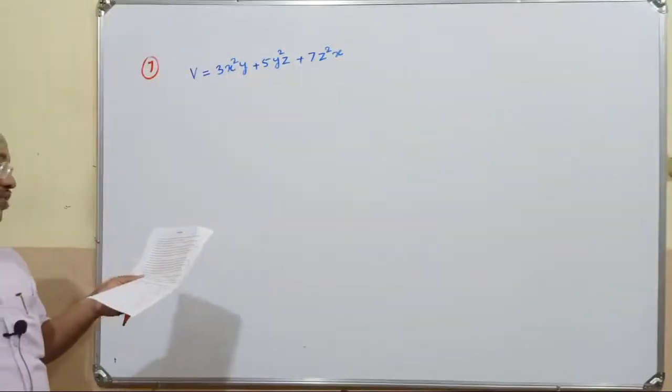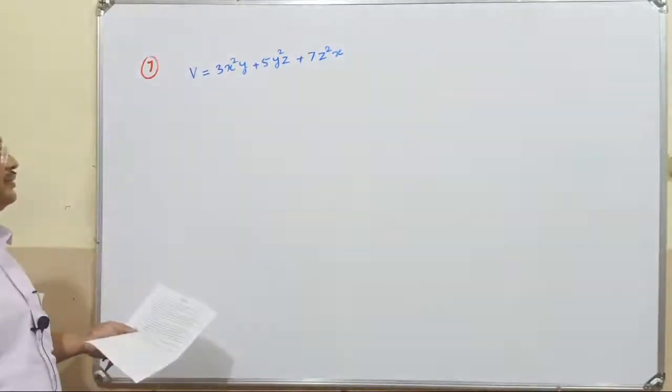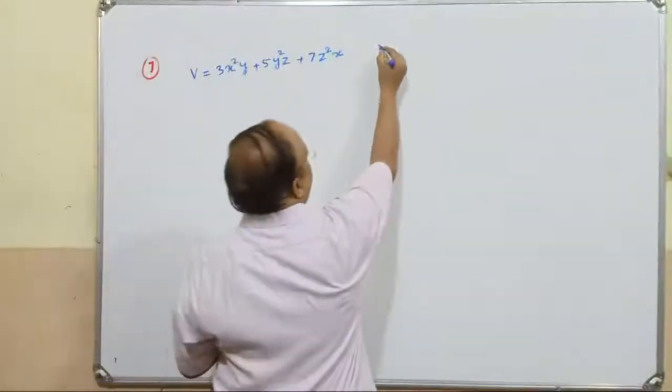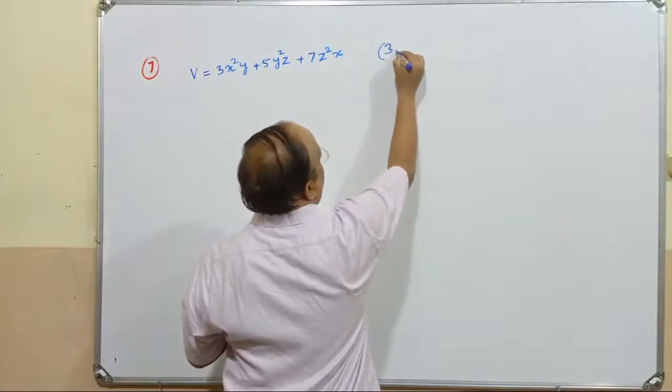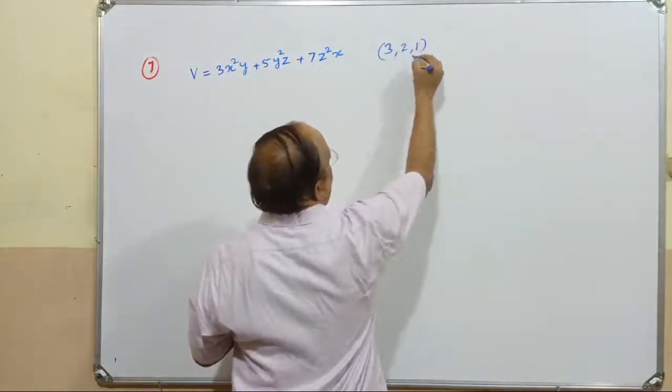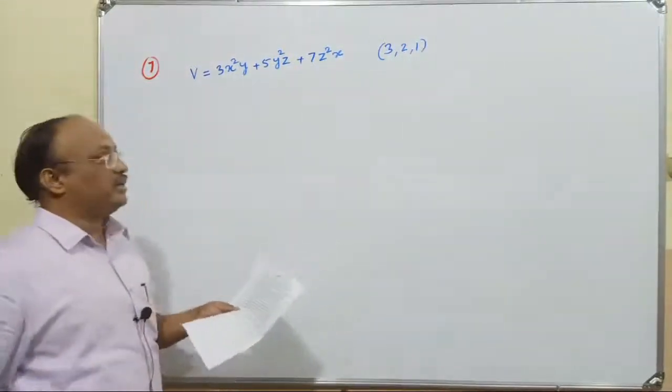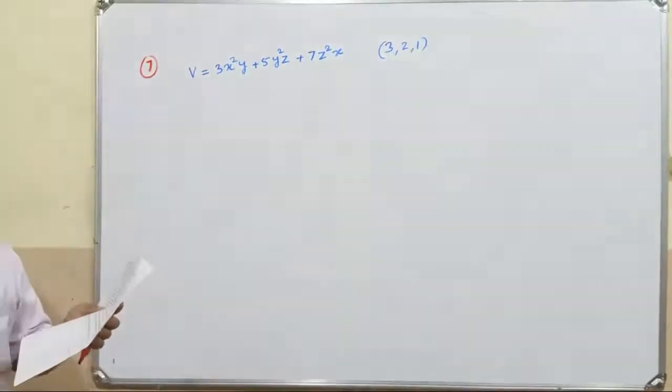Find the magnitude of the electric field at the point 3, 2, 1.